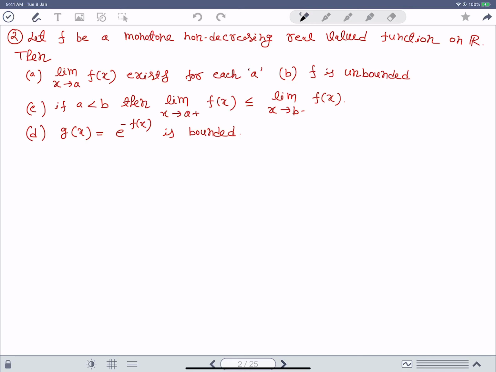The second one says f is unbounded, and the third one says if a less than b, then the right hand limit at a is less than or equal to the left hand limit of b. The fourth one says g of x equal to e to the power minus f of x is bounded. Now, tell me what will be the answer of this one.